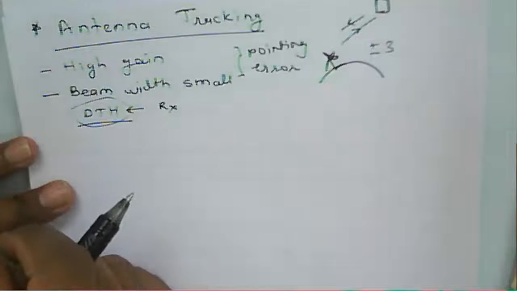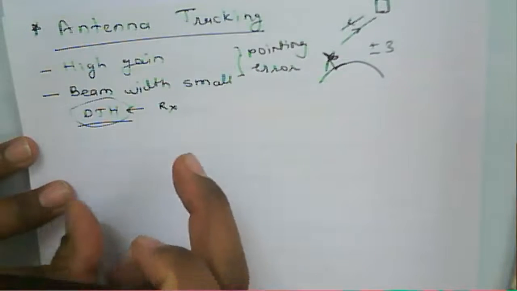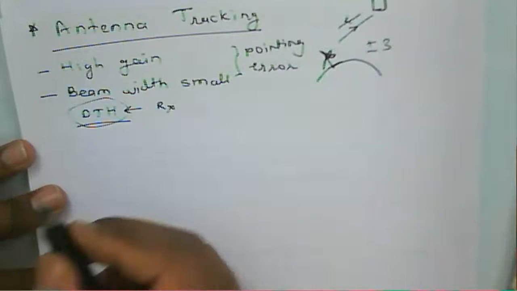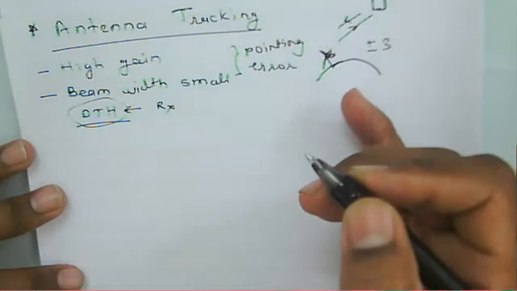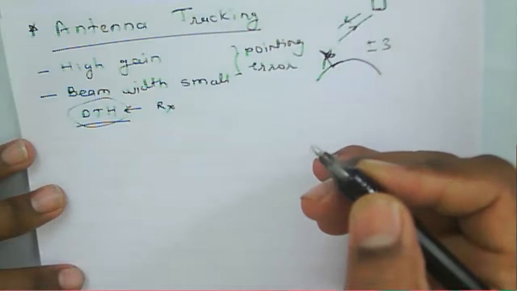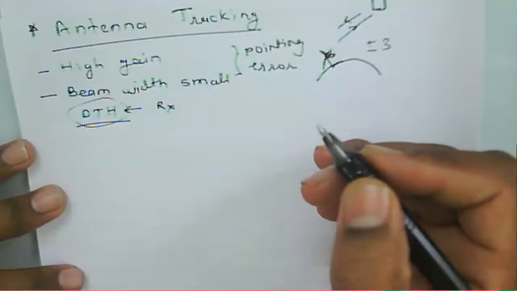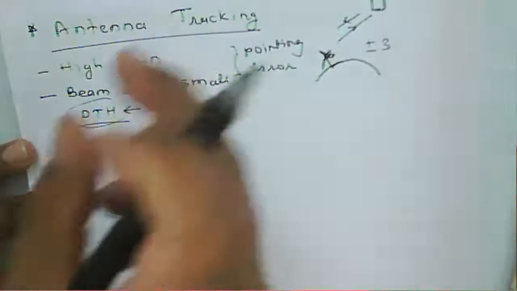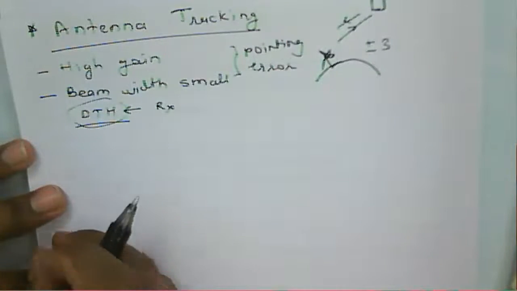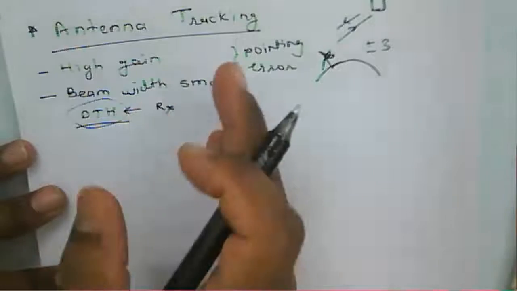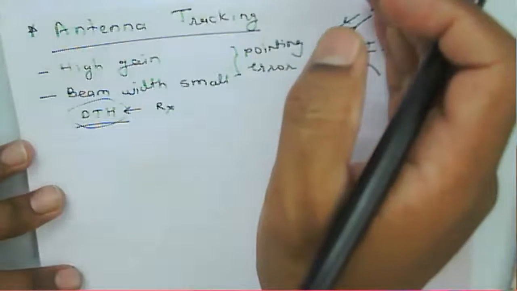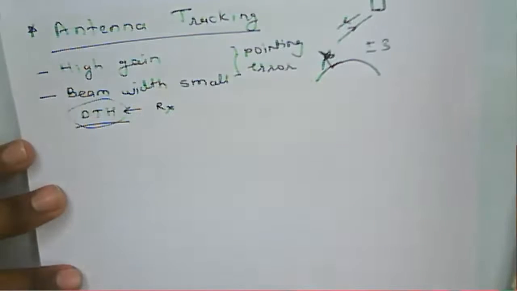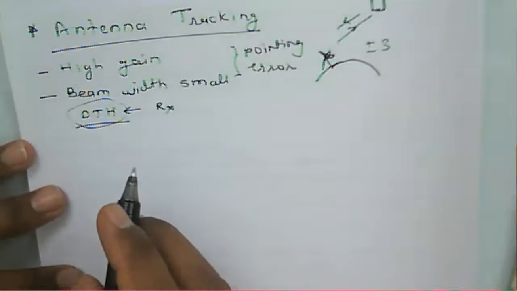But if instead of a geostationary satellite you consider a satellite in low Earth orbit, that satellite will be available for only a short duration of time. A geostationary satellite is fixed at a particular position, and only due to disturbance will a small variation occur.